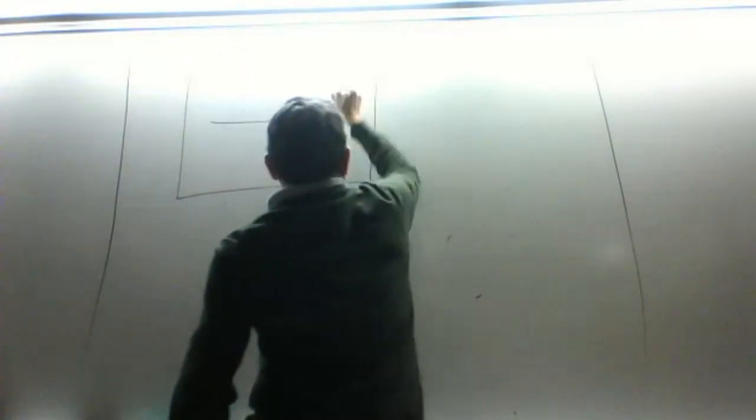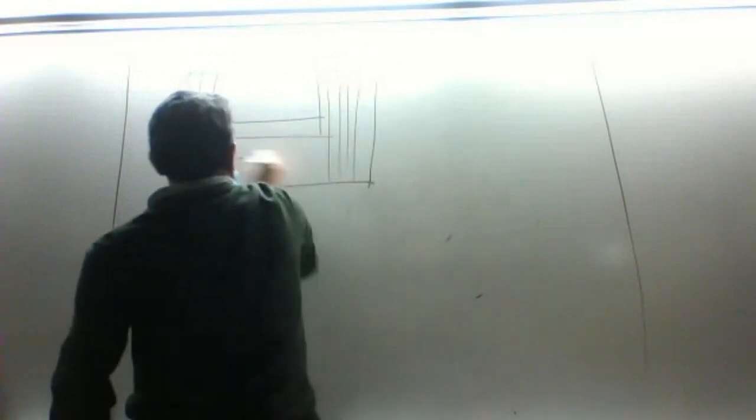All right. So now look at the periodic table. The periodic table shape looks like this, and maybe there are multiple columns here and multiple columns here.